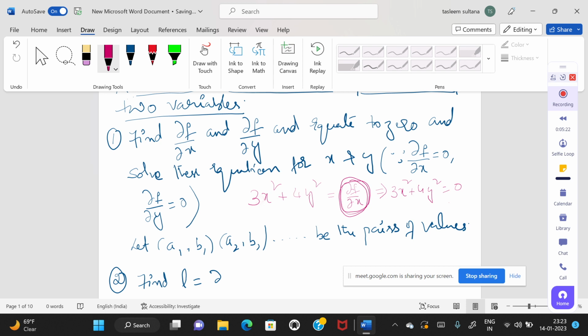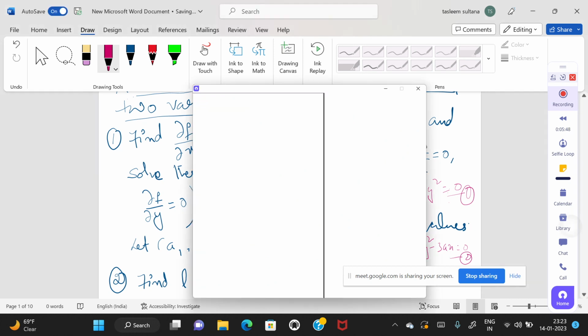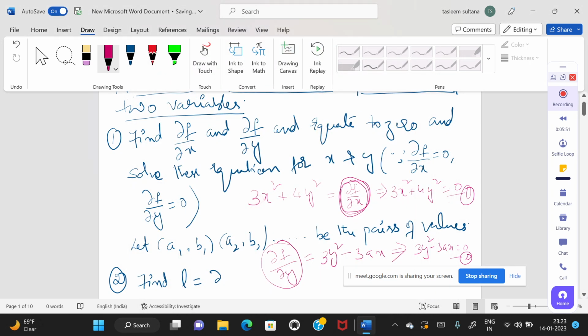Then suppose you get dou f by dou y equal to 3y square minus 3ax. Substituting this equal to 0 implies 3y square minus 3ax equals 0. Make this equation number 1 and this equation number 2. You solve these two equations for the values of x and y. Whatever values you get will be in pairs in this form. Now is it clear?